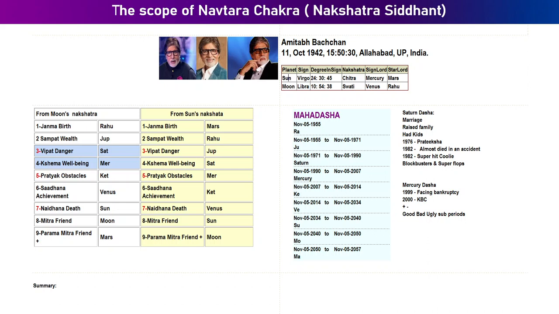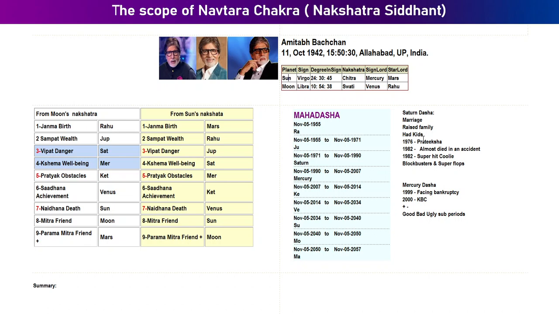The idea was just to try to expand the scope of the Navatara Chakra, or the Nakshatra Siddhant Chakra, and find out if this could work as a standalone method to assess a horoscope.